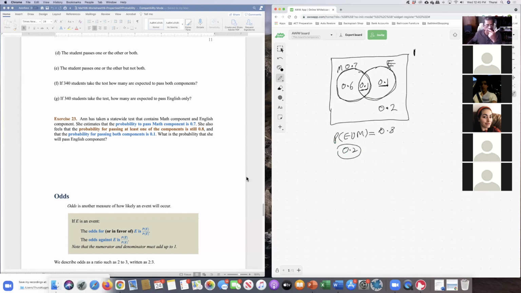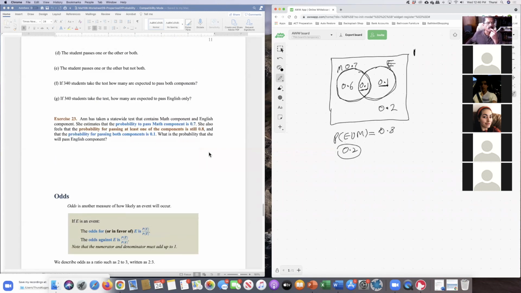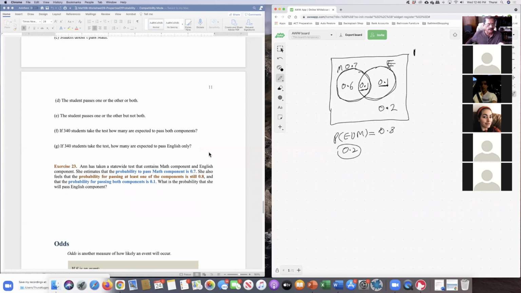All right, so let's move on to odds now. Those application problems are enough for you to be able to handle any application problem. I have covered all the different kinds. Usually the words have to be translated into set theoretic symbols. In this case, probability for passing at least one component is 0.8.